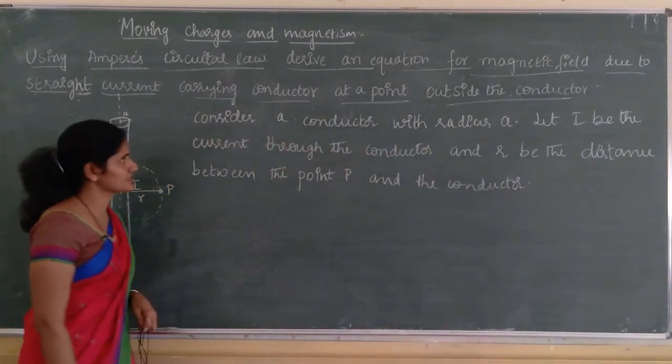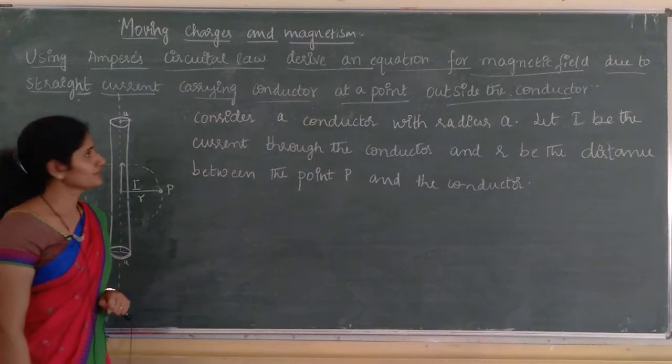R is the distance, A is the radius, and I is the current.